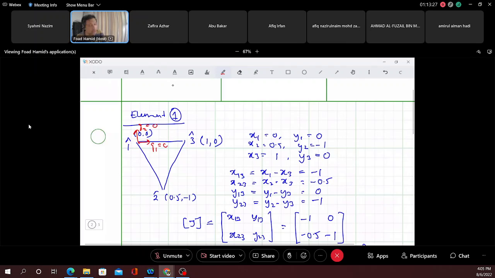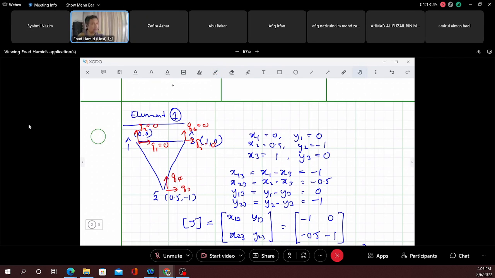Note that again, I'm using small q here. Q5 and Q6 equal to 0. But what we have is only Q3 and Q4. Do you think this is the correct degrees of freedom for element number 1? I hope you can see, this is for element number 1.